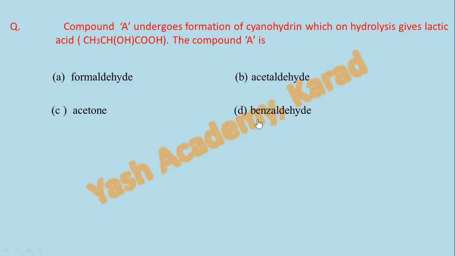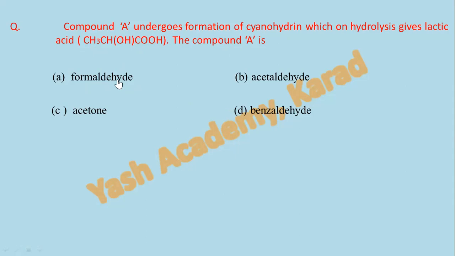Benzaldehyde is an aromatic aldehyde, and in lactic acid there is no benzene ring, so option D is cancelled. Now formaldehyde contains only one carbon atom, and when it reacts with hydrogen cyanide, generally it contains how many? Two carbon atoms, but the lactic acid contains 1, 2, and 3 carbon atoms.